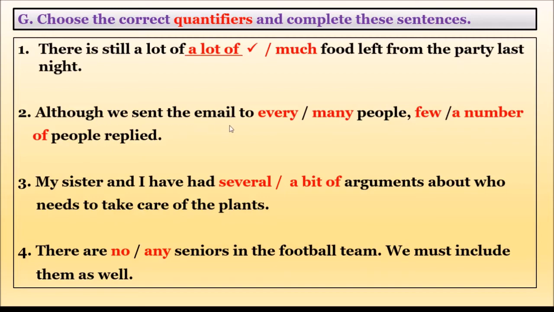Although we sent the email to many people, many can refer in front of a plural noun, so tick the right answer, many. Although we sent the email to many people, a number of people replied or few people replied. The answer is few. Only few people replied. So although we sent the email to many people, only few people replied. So the answer is many and few.